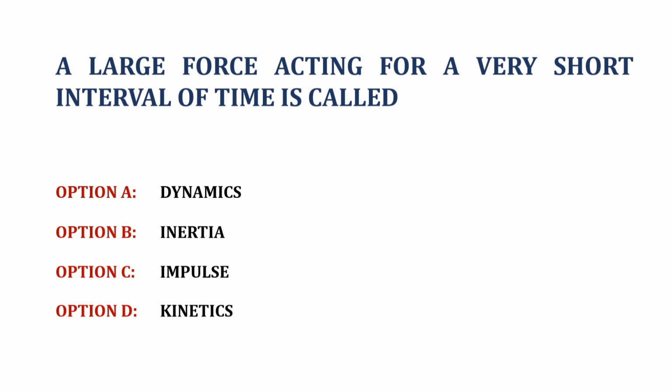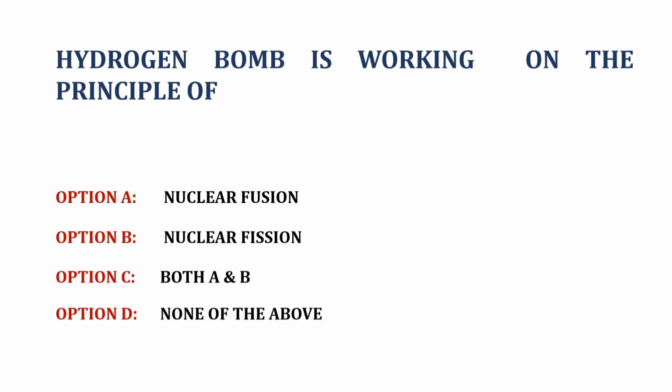A large force acting for a very short interval of time is called? Option C, impulse. Hydrogen bomb is working on the principle of? Option A, nuclear fusion.